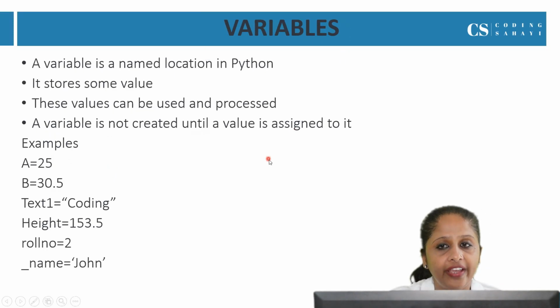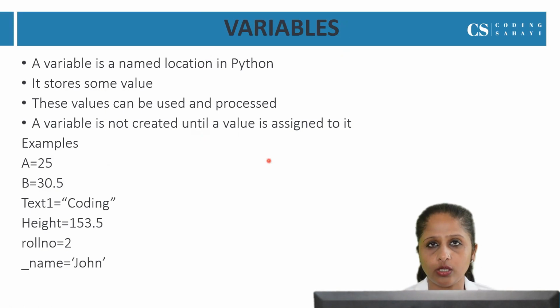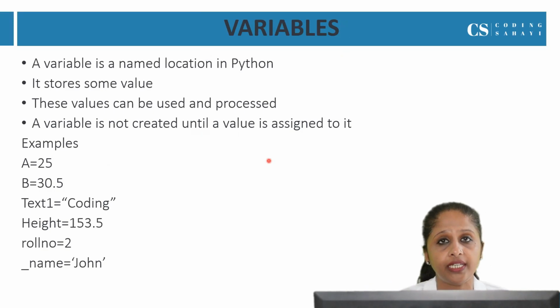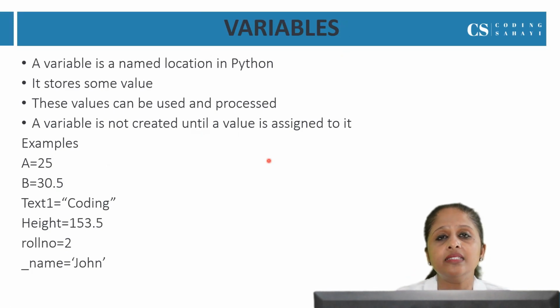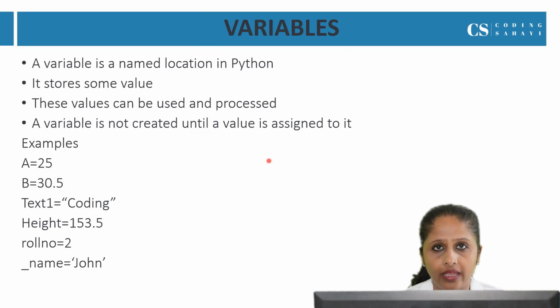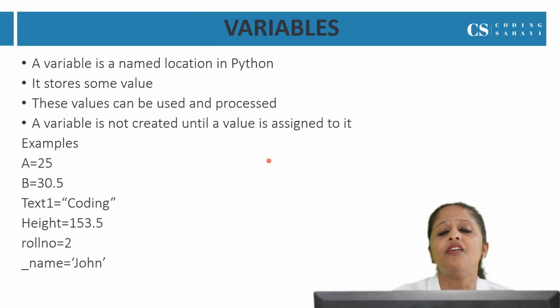Next we have variables. In maths we studied variables and constants. Constants are fixed values and for variables the values are changing, right? Here also variables do the same thing, but here we can say a variable is a named location. A variable is a named location, that is, it stores some value.